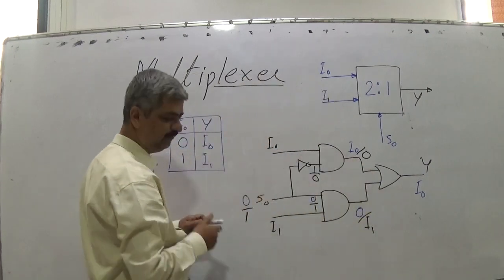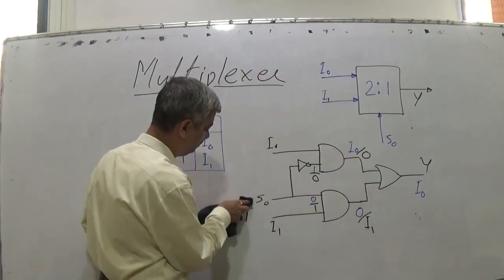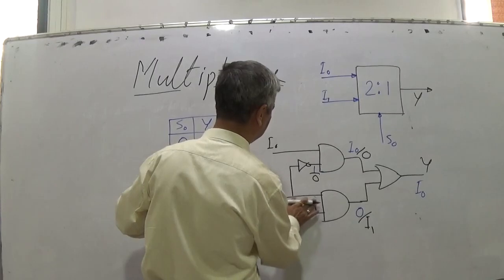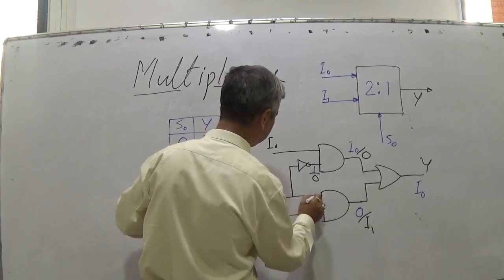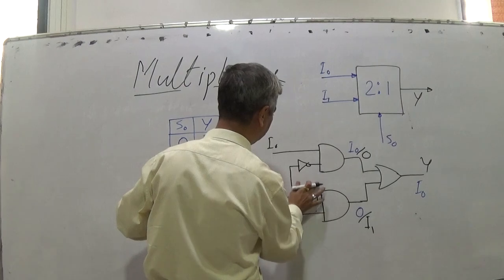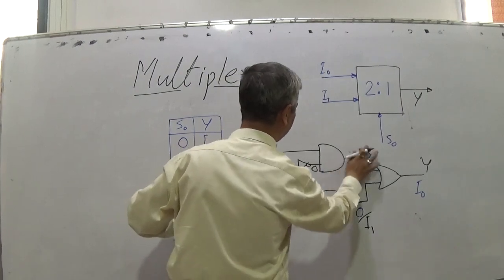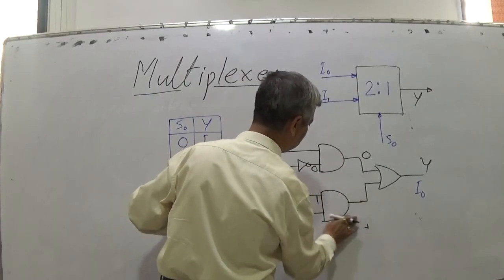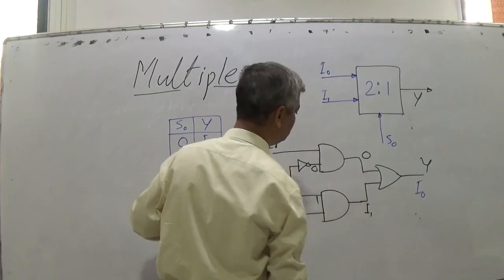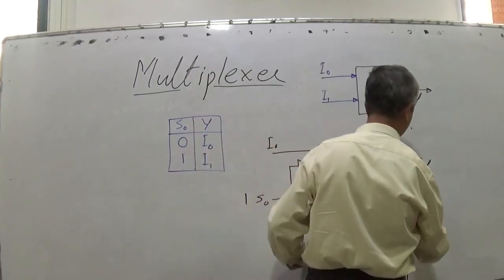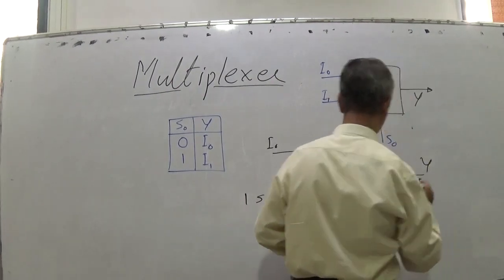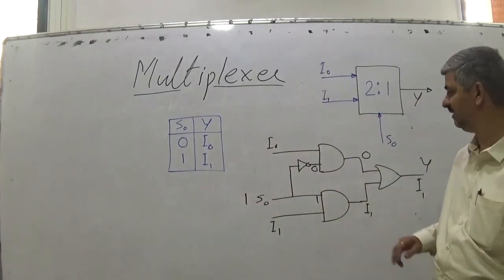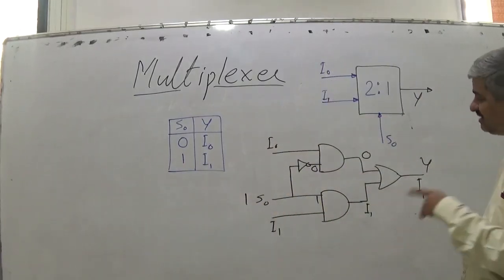So when S0 is 1, this pin is 1, this pin is 0, and at the output, I will be getting I1. So this is a 2:1 multiplexer using one select line.